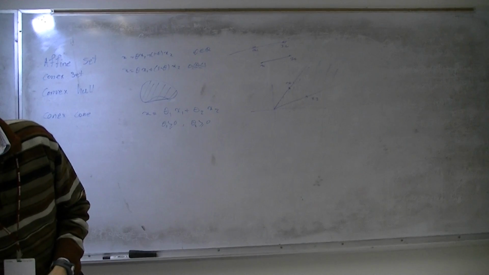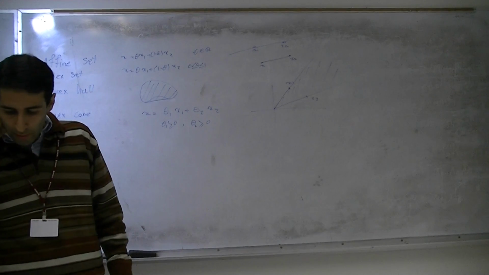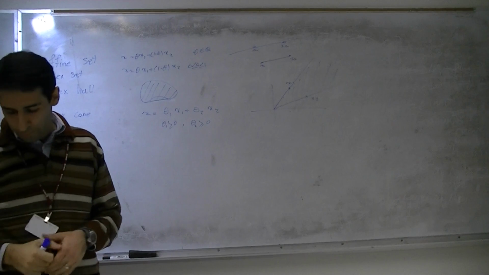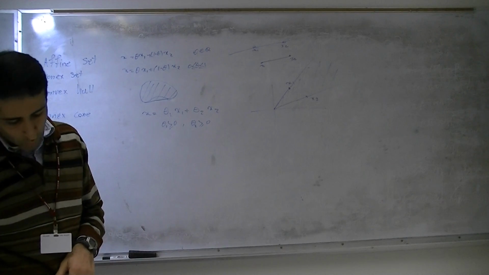Okay. And we talked about the hyperplane and half space, Euclidean balls and ellipsoids, and we talked about some norms.